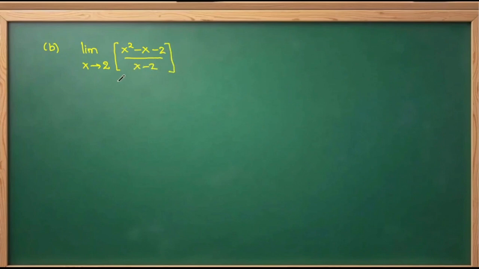As before, we know this one is positive, and already in this expression we have -2. So if we substitute directly here, you realize that we get 0. Here we're limited, so we need to look at another method.